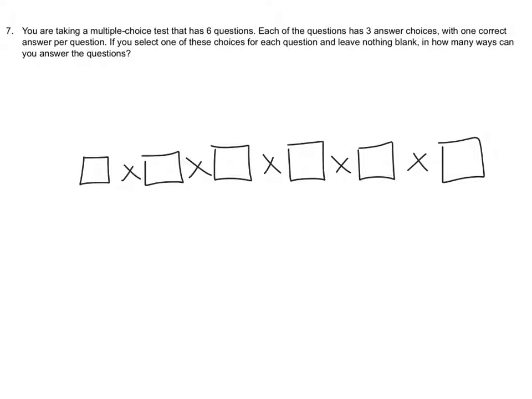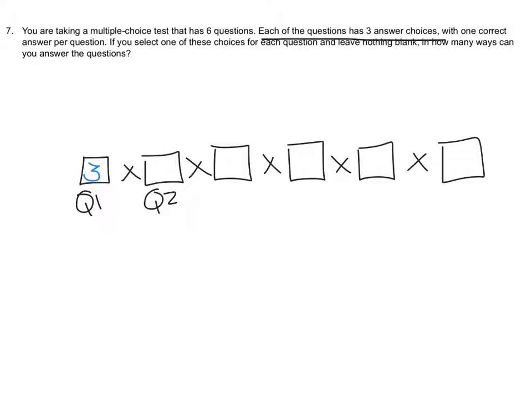Now I want to write the number of ways that I can answer each question. So for question 1, the problem tells me that each question has 3 answer choices. So I have 3 ways to complete question 1. The same with question 2.